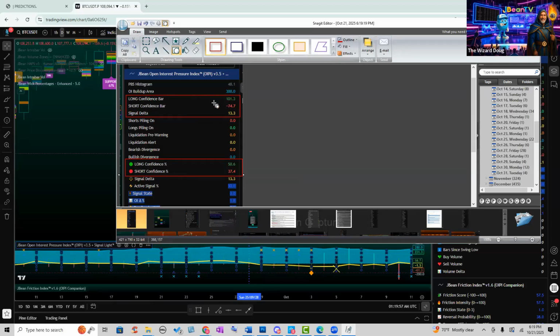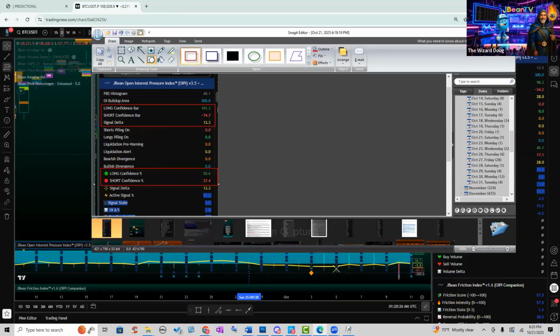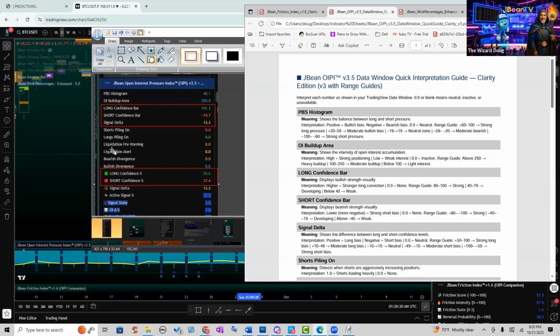Confidence bar is 101, and this PDF that I have for you here breaks that down for you. And this PDF follows these in order, okay? Starts at the BBS histogram, okay? And then it goes to the open interest and then to the long. So that's what we're looking at here.